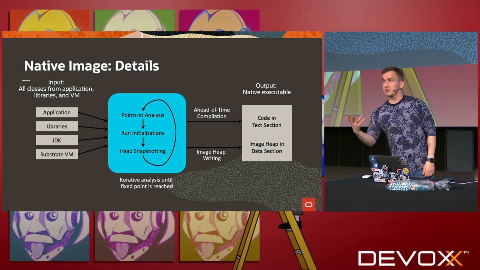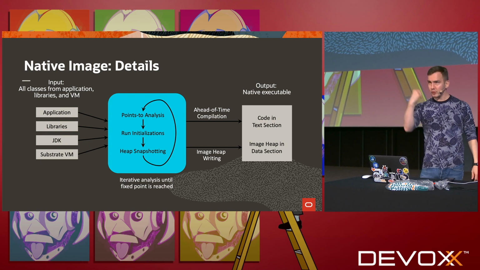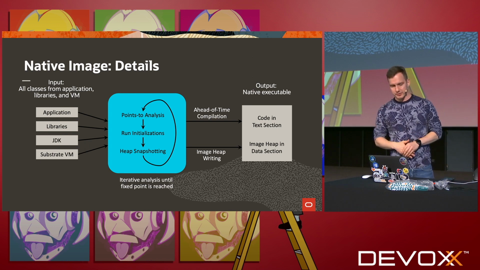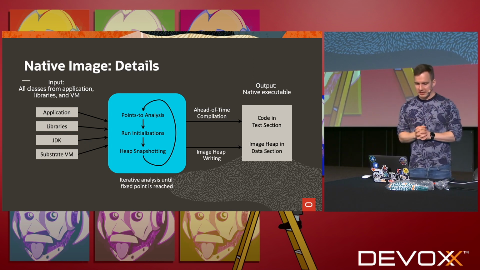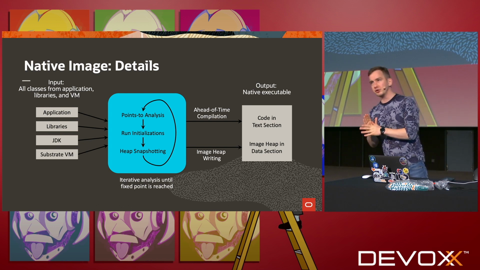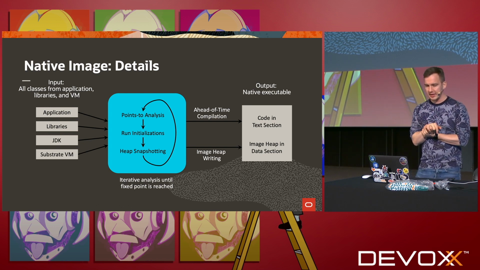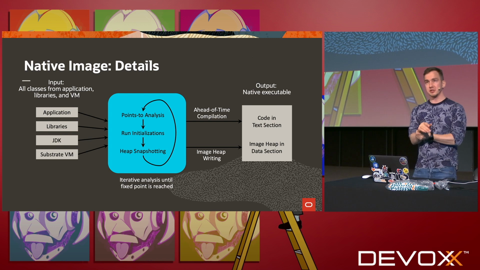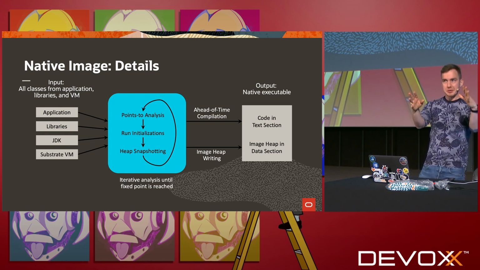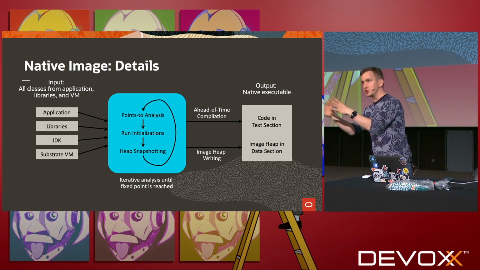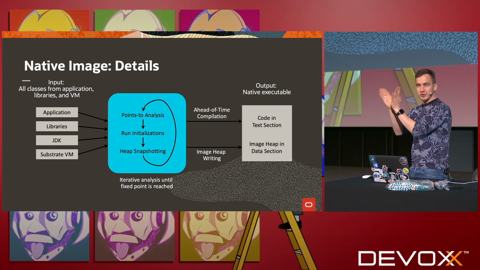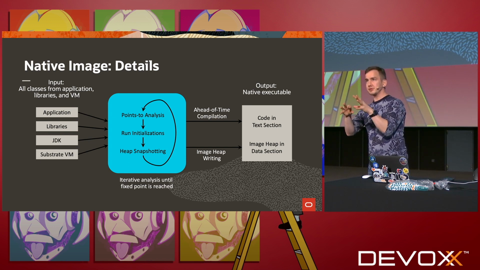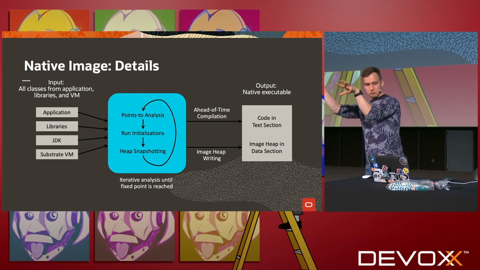If a class is not present, we would like to see that. You have to show us the class. We'd like to see the bytecodes. So we do the points-to analysis and we run the initialization for the classes, which is very important, and then we snapshot the heap, as I said. So literally taking the objects on the heap that are left there after you initialize your classes, after we run static initializers, and we write those objects into the binary.